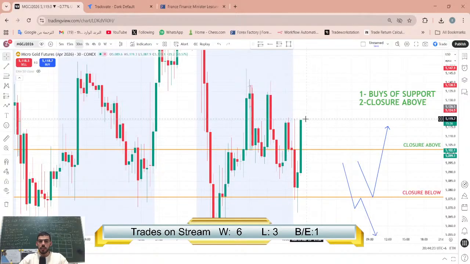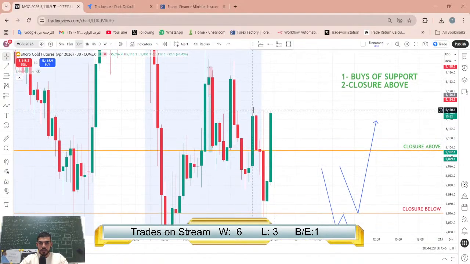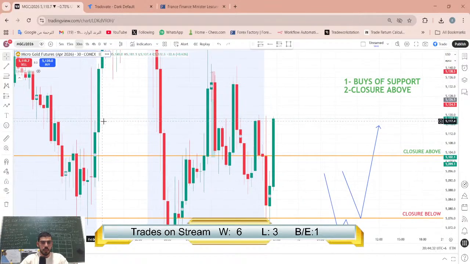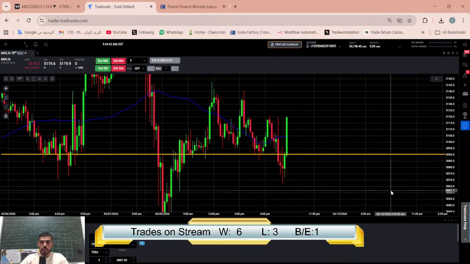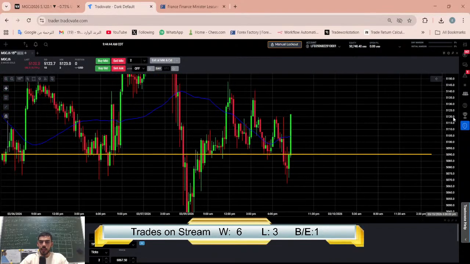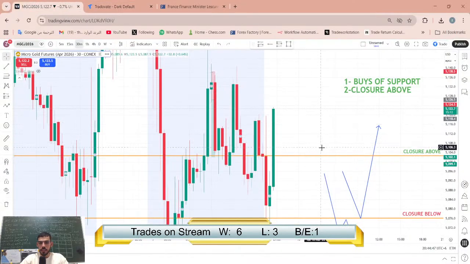Yup, 15 looks like it's going to close above, but can it break this candle's wick? Can it break above this candle's wick? Wow, what a huge candle. Alright, so it broke above this candle.